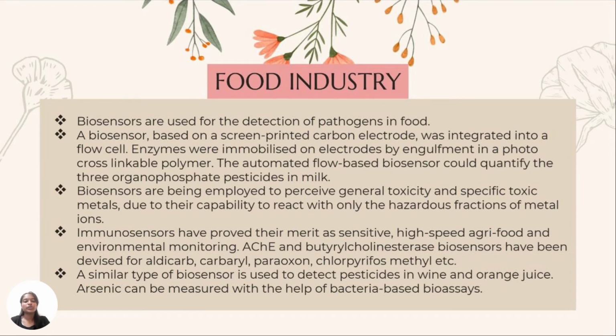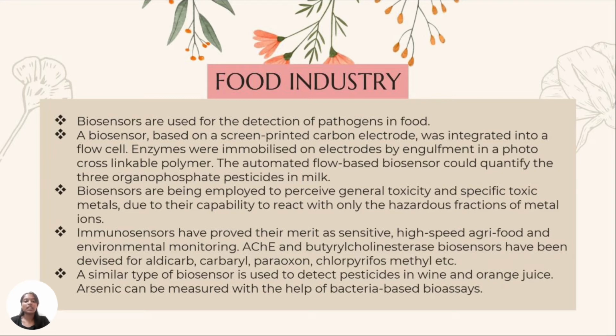Biosensors are useful in the food industry too. Biosensors are used for the detection of pathogens in food. Presence of E. coli in vegetables can be measured by detecting variation in pH caused by ammonia. In the dairy industry, enzymatic biosensors are used to quantify 3 organophosphate pesticides in milk.